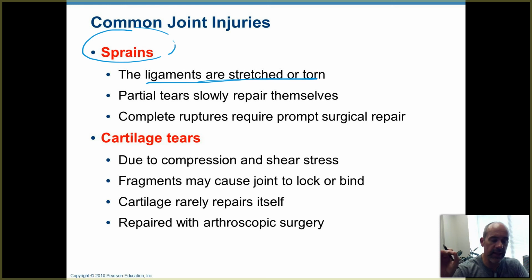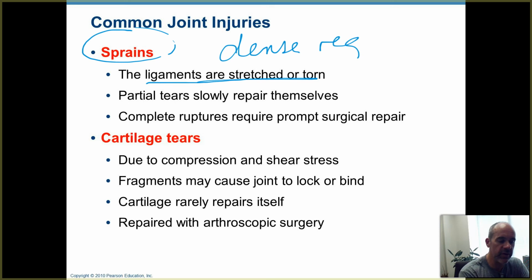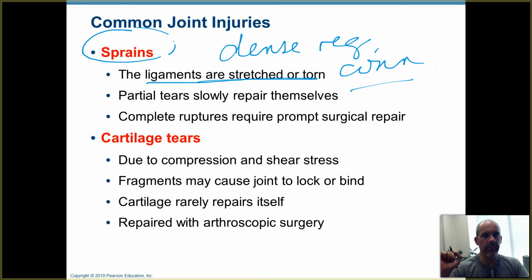When a ligament is partially torn, again, you've got dense regular connective tissue with a poor blood supply, so they don't heal very well. A partially torn ligament will heal itself slowly; it takes a while. You've got fibroblasts in there that will regenerate those tissues, but it's going to be slow.